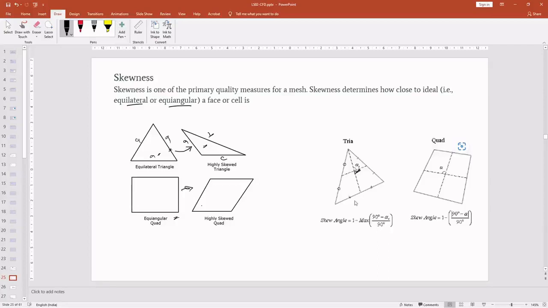So the skew angle here we can find out. Here this one is the angle made by the diagonals, that is angle alpha. So the skew angle becomes 1 minus maximum of (90 minus alpha) by 90. So this we have to reduce actually.